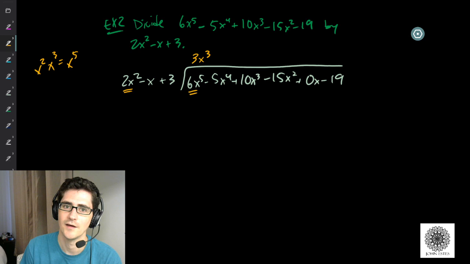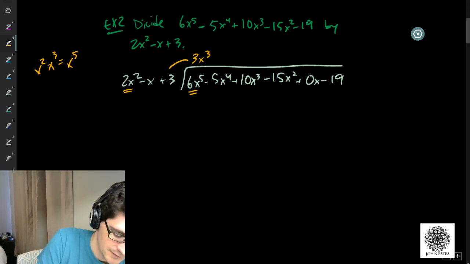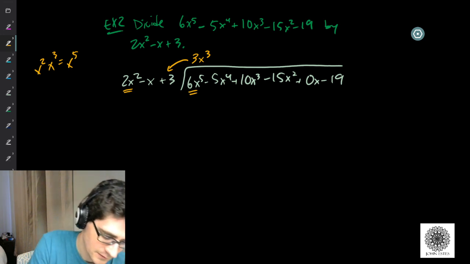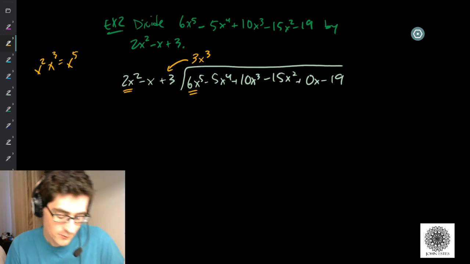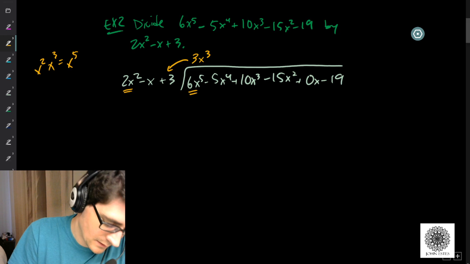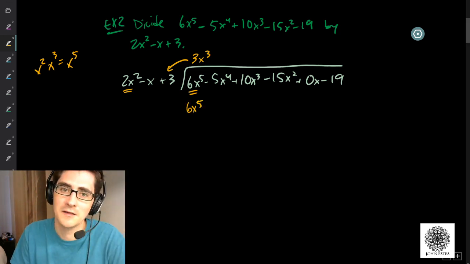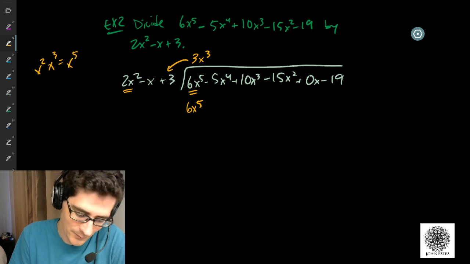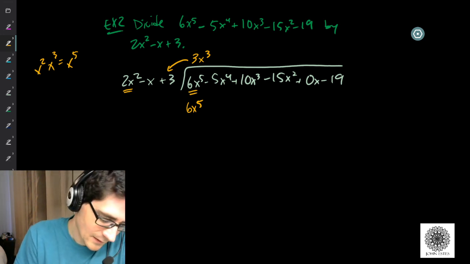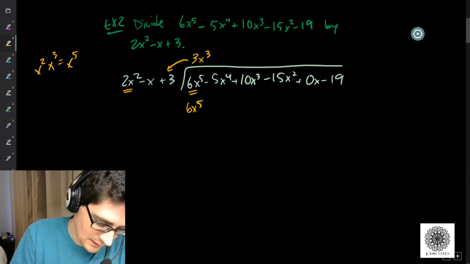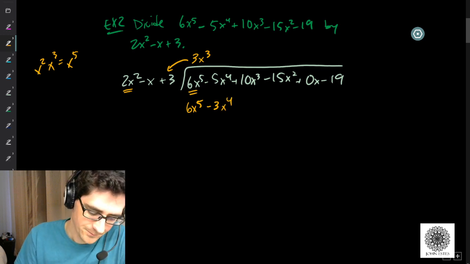Now, once we did that, we have to distribute this across all of that. And when I do that, I get 3x cubed times 2x squared gives me 6x to the 5th. If you don't get 6x to the 5th, you did something wrong, because that's exactly what you're supposed to get. 3x cubed times negative x gives me negative 3, add the exponents, x to the 4th.